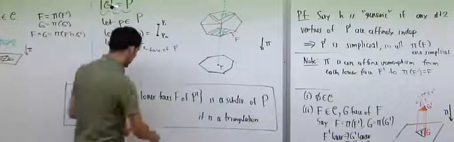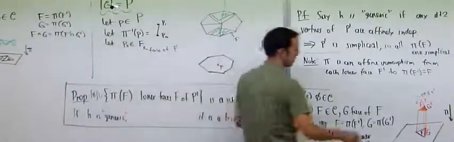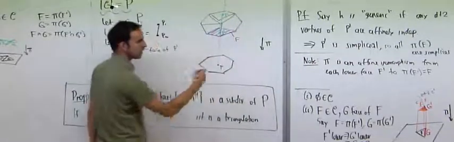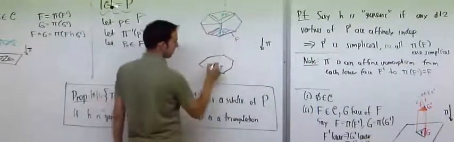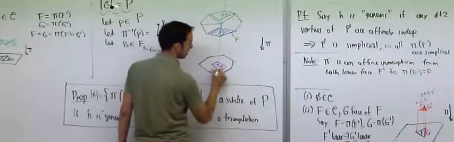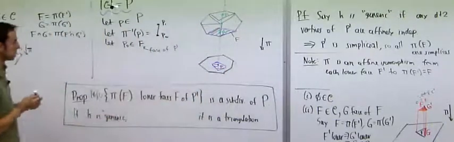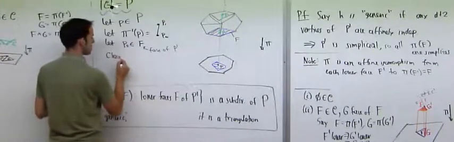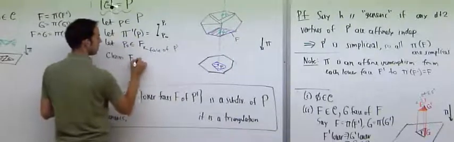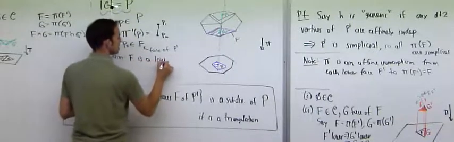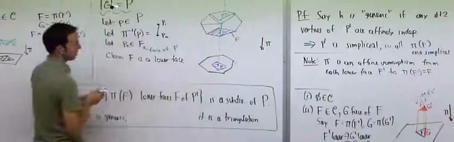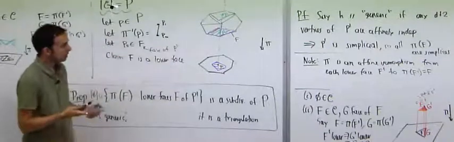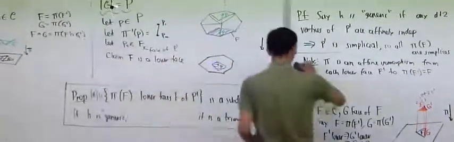And if it is true that it's a lower face, if I prove that this is a lower face, then it is one of the purple things that I get to project down, and that means that I get to cover P. So once I prove that P0 is in a lower face, then the projection is going to send it to P.